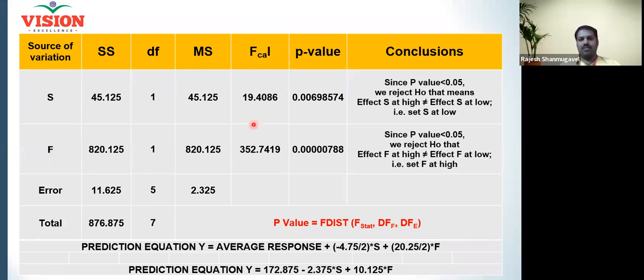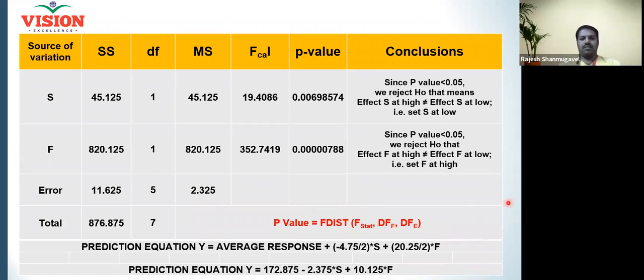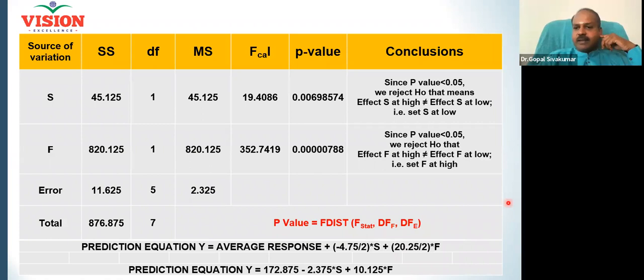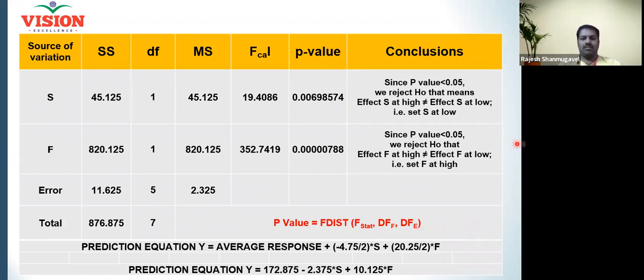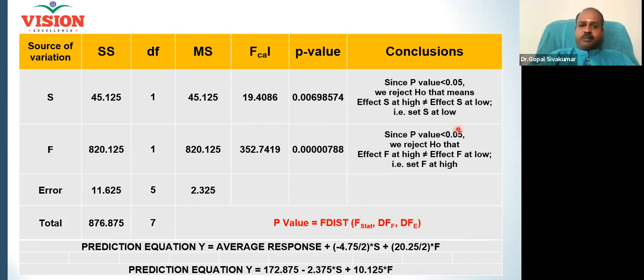Type comma, the degree of freedom, 1. Again, comma, degree of freedom for the error, 5. Every symbol is important, and you close the bracket and then enter. Excel will show you the p-value. Now the p-value is 0.06.